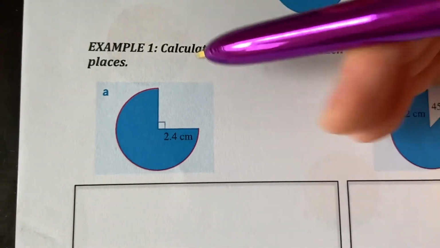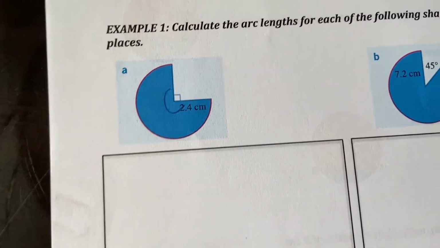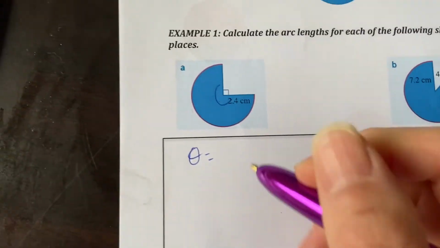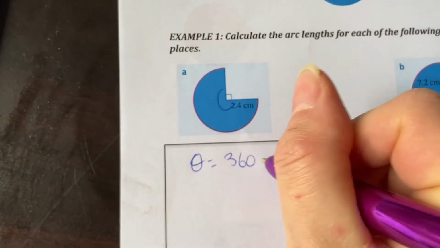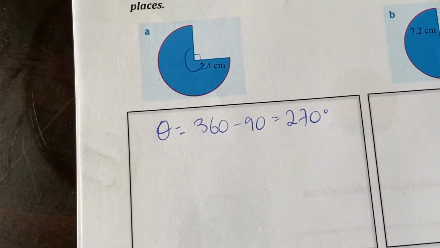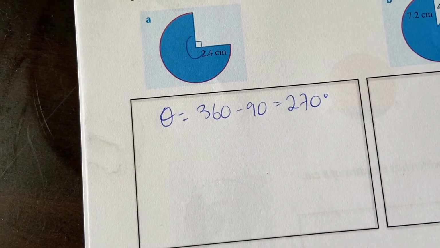So we need to use this angle here. And we can find that angle because a full circle is 360, take away the 90, and we have 270. And then we're going to use that angle in our formula.